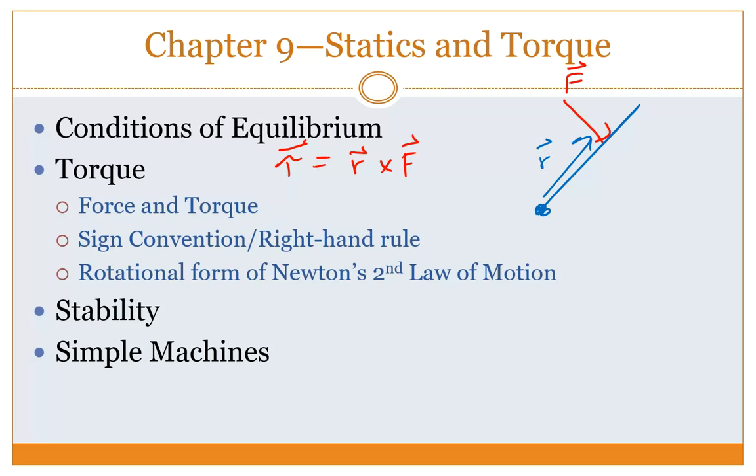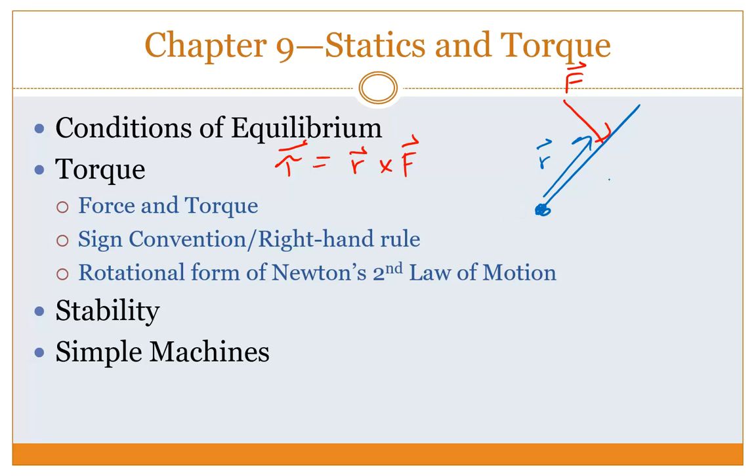What direction is that torque? Right-hand rule. Index finger in the direction of the first item, so index finger in the direction of R. Keep that index finger pointing that way and orient your hand. Your middle finger can point in the direction of F. Your thumb points into the board. And so that's the direction. By convention, we generally say out is positive and in is negative, so we'd say that that is a negative torque.